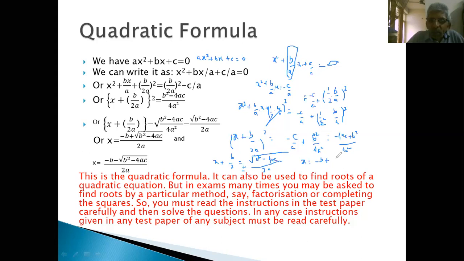So this is minus b plus under root b square minus 4ac, divided by 2a.